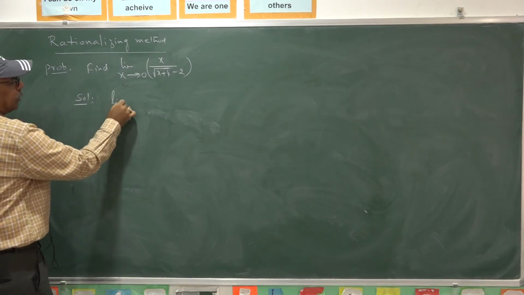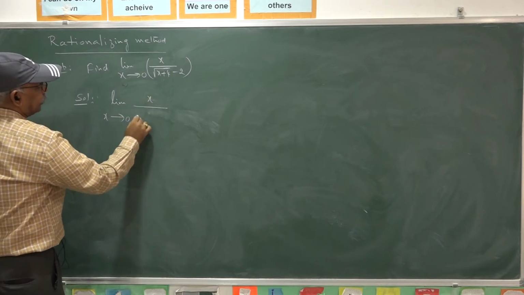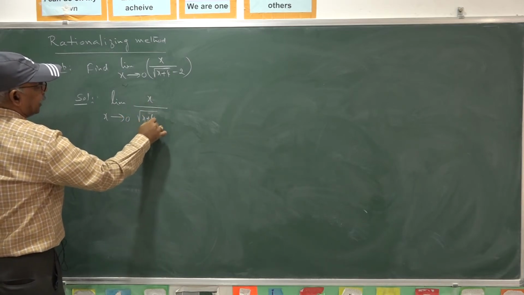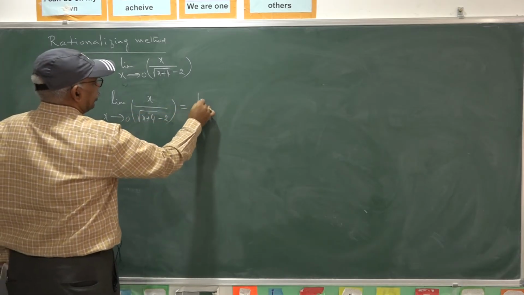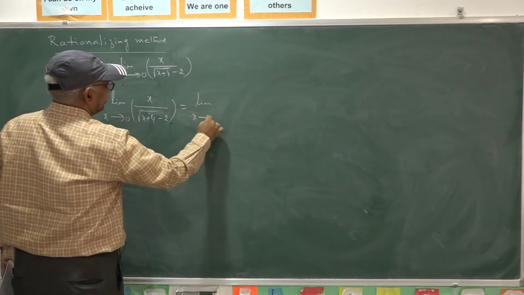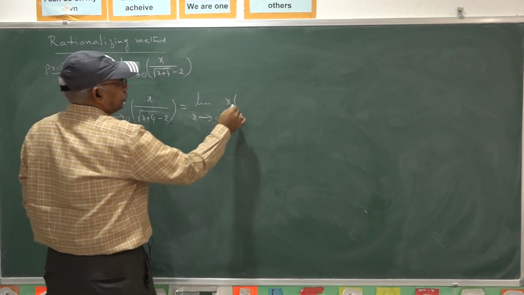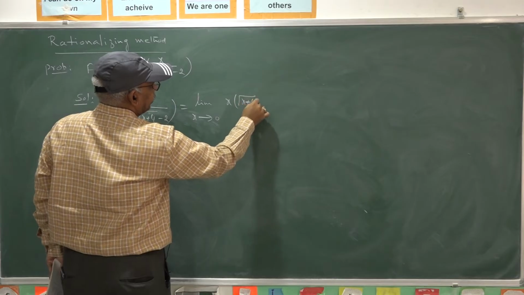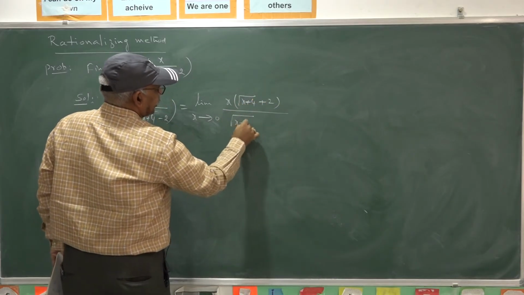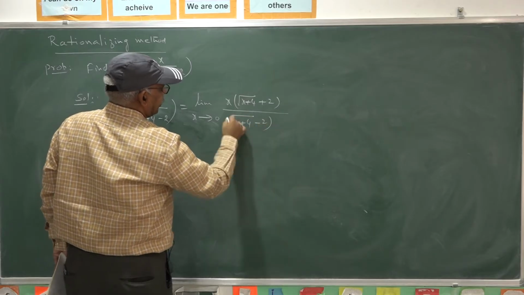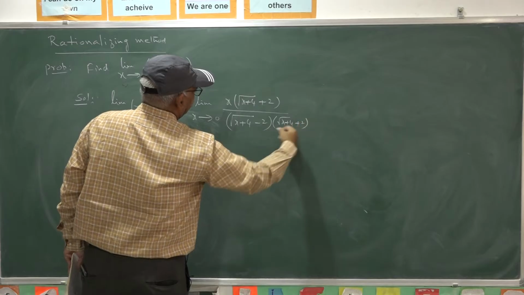So, the limit as x goes to 0 of x by root over x plus 4 minus 2 is, rationalizing the denominator, the limit as x goes to 0 of x into root over x plus 4 plus 2 by root over x plus 4 minus 2 into root over x plus 4 plus 2.